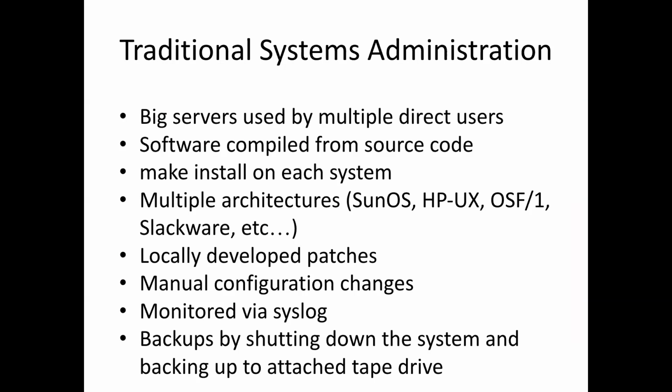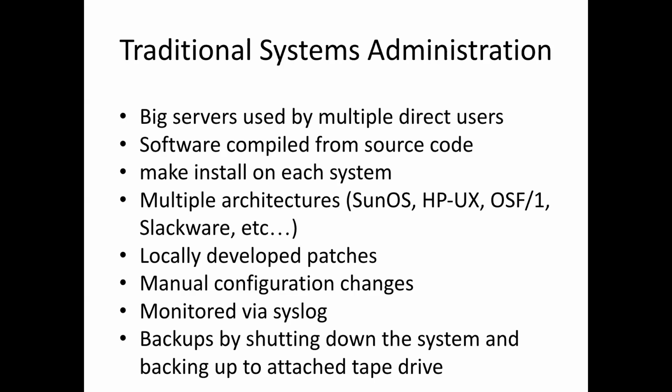So kind of when I started, what we tended to see were big servers used by multiple users, usually shelled into that system, running things on that one server. So multi-user systems. If we were going to buy more hardware, the question was, should we buy another server? We bought servers one at a time, and they tended to be big servers.